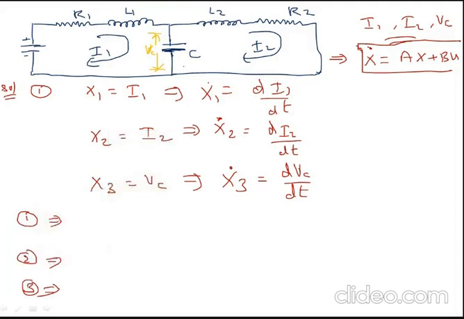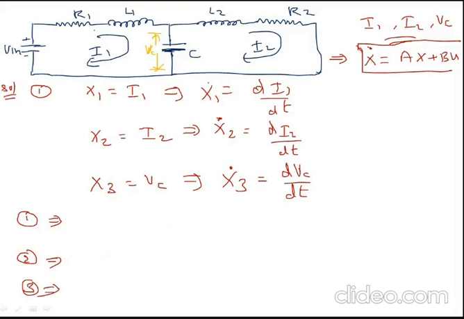In the question itself, the number of state variables could be, generally speaking, without writing here, the voltage across R1, the current flowing through R1, the voltage across L1, the current flowing through L1, like this. In your question, they are I1, I2 and VC.